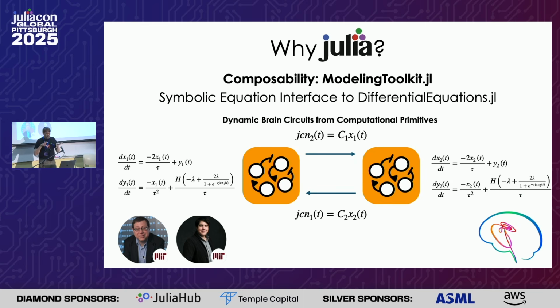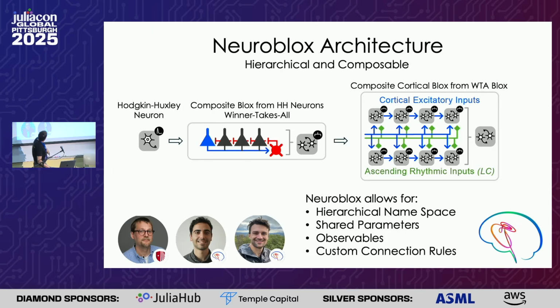Every model that we build is actually built on symbolic equations. Every neuron you essentially write down as a symbolic equation. Every neural mass model you write down as a symbolic equation. Then we use ModelingToolkit or GraphDynamics to compile it into simulatable code, and it's pretty fast.